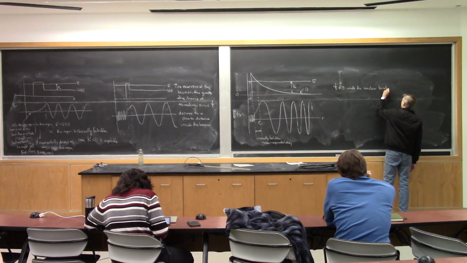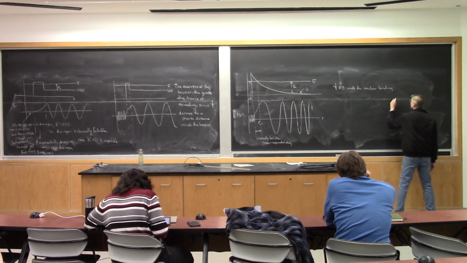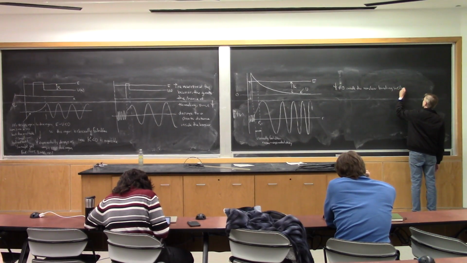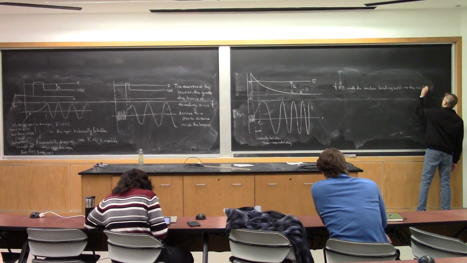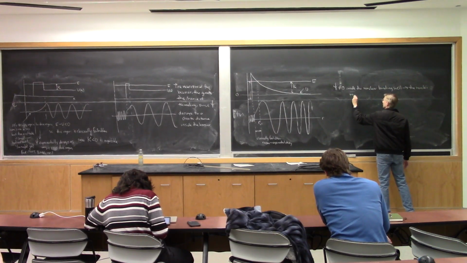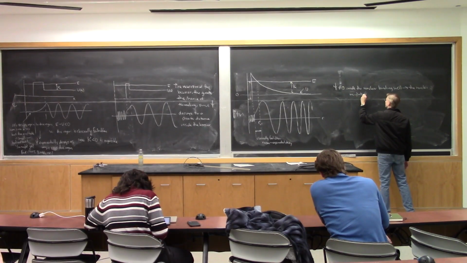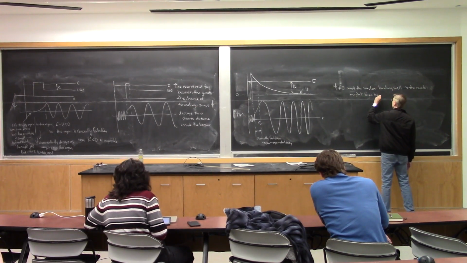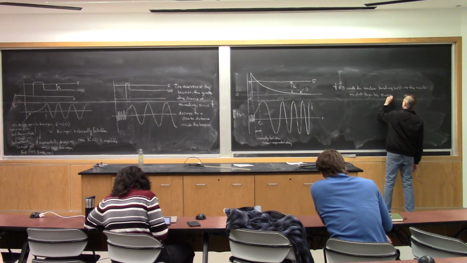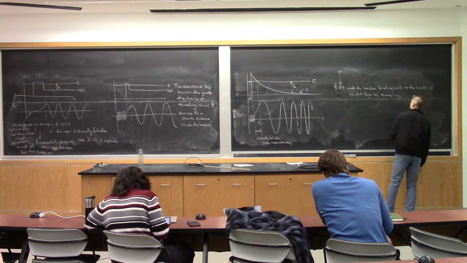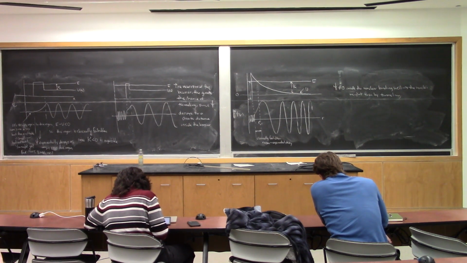Psi is not 0 inside the nuclear binding well, so to speak. The nuclei might fuse by tunneling. They just might manage to fuse by tunneling.